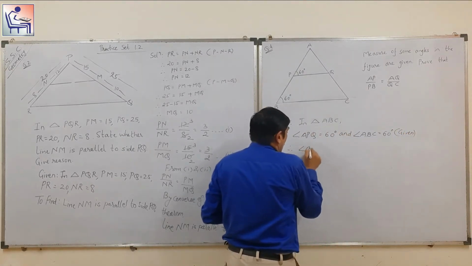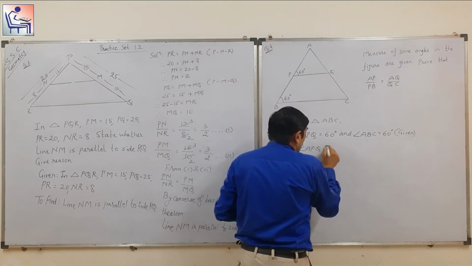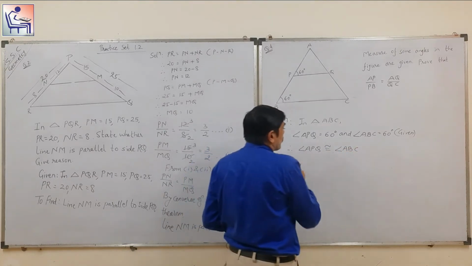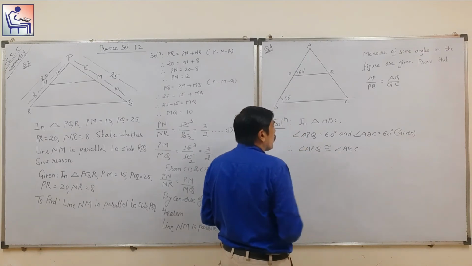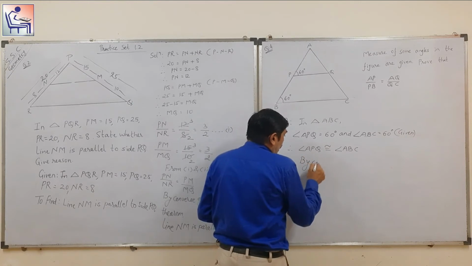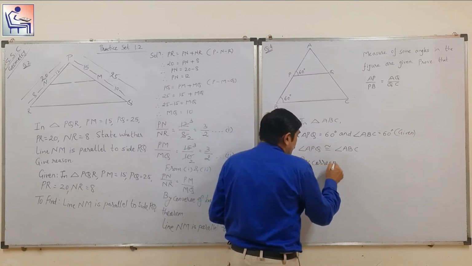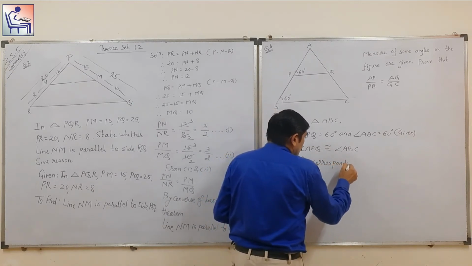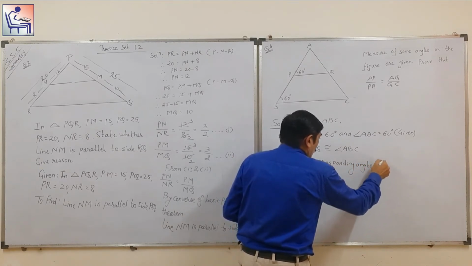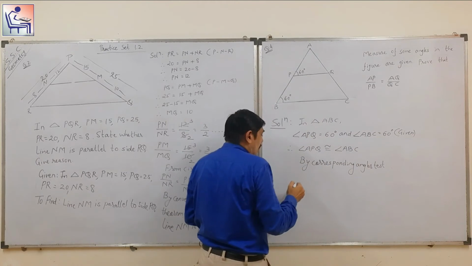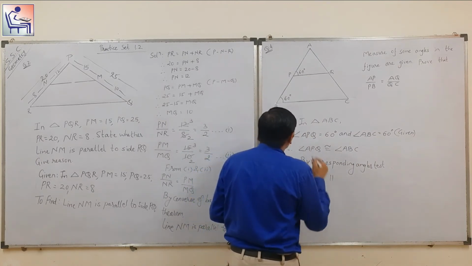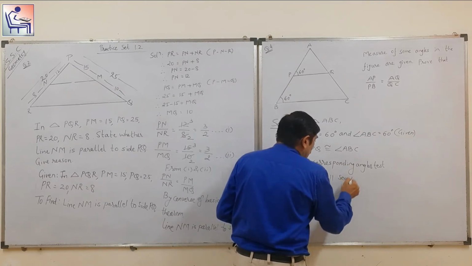Therefore, we can say that angle APQ is congruent to angle ABC. यहाँ पे हमने देखा कि angle APQ is congruent to angle ABC. So by the corresponding angles test, we can say that segment PQ is parallel to segment BC.